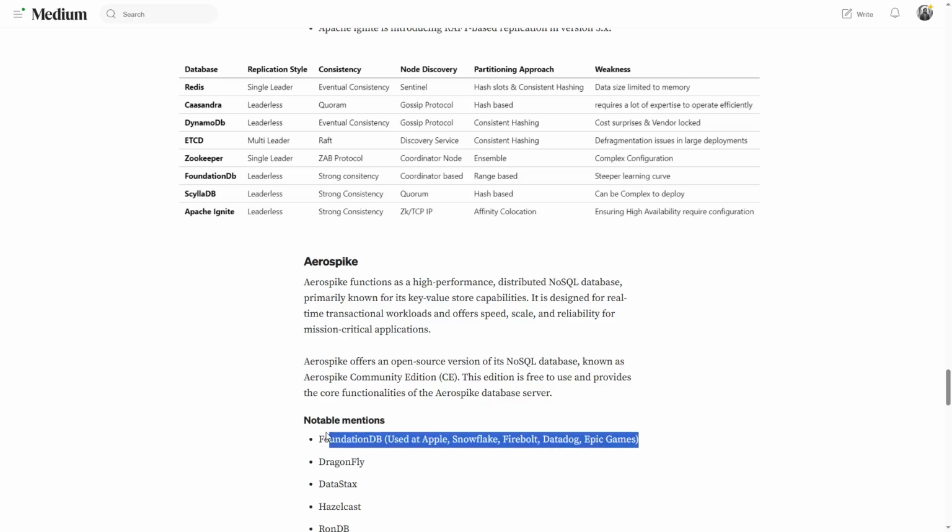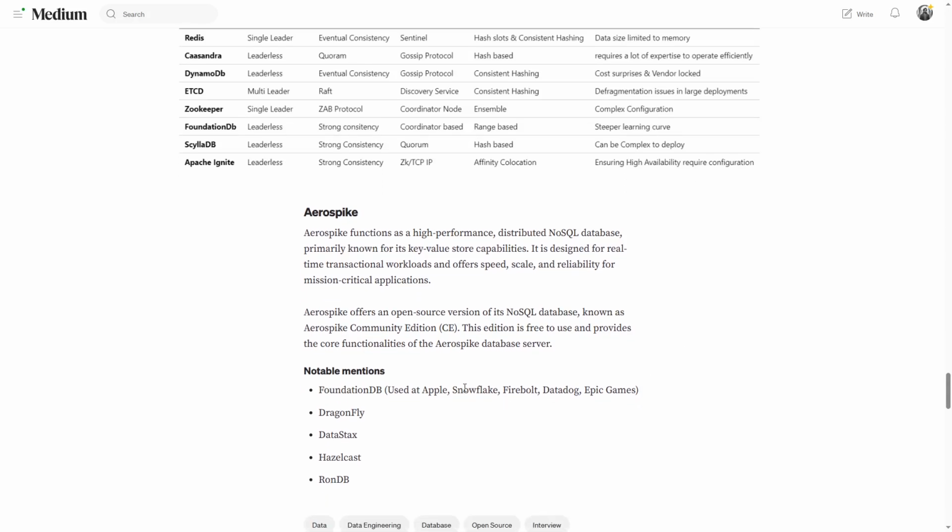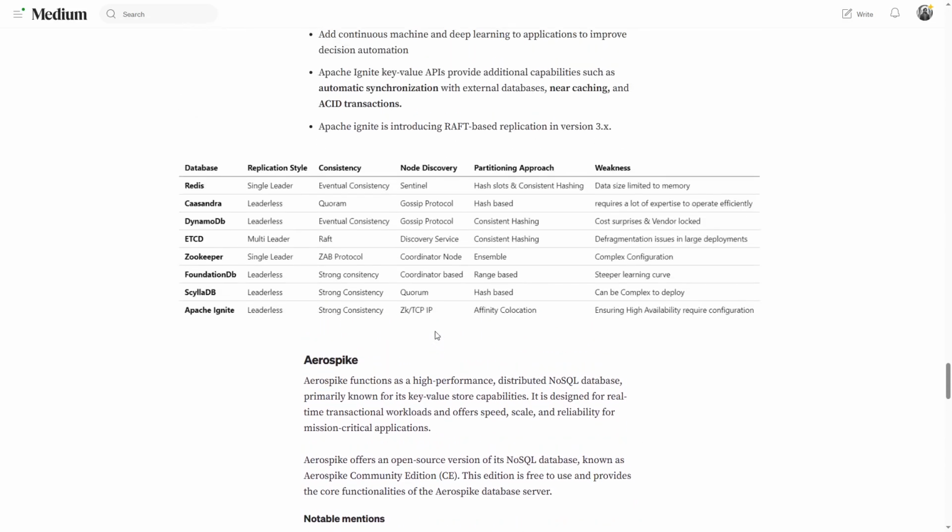So these are very large users of FoundationDB, which again is an open source solution, I believe built at Facebook and then later made open source. This is also a key value store and a very good place to store configuration. So if you are trying to build something which requires faster configuration data lookup, FoundationDB can be another choice.